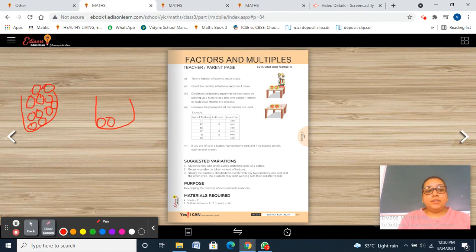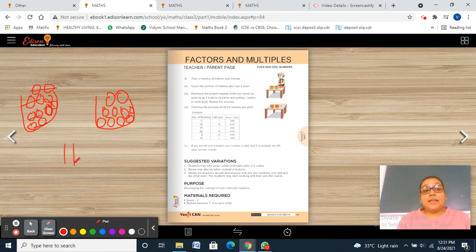I'm just showing you the picture; you will do it yourself, and you are going to make the video. So again, you will take two and put it here. Two are gone from here. Again two. Again two. So now you will see that one is left. Now you can't put one, you have to put two. So this one is a remainder.